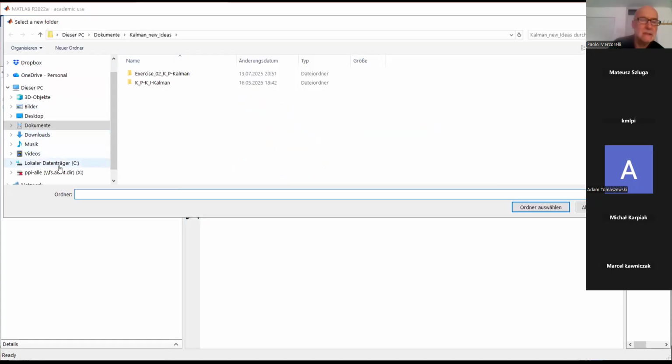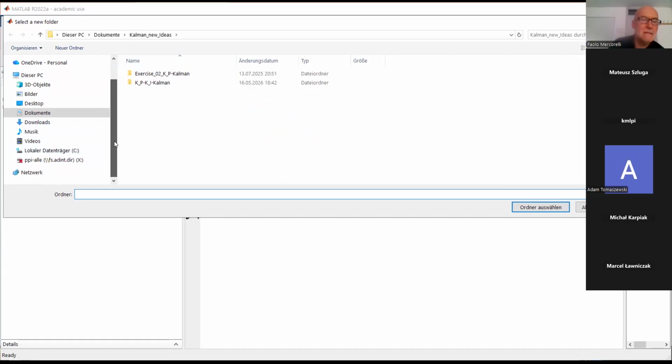Why don't I see it? Not able to see. Of course, it's not there clearly. One second. I will put the memory stick.